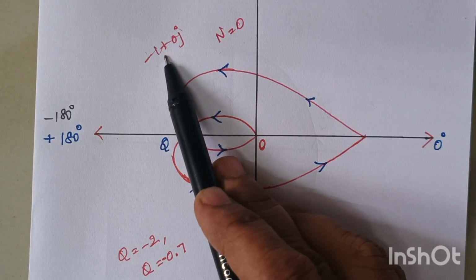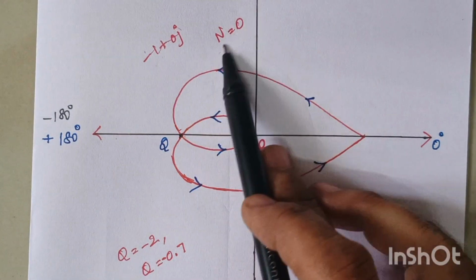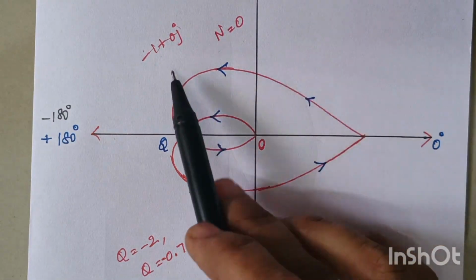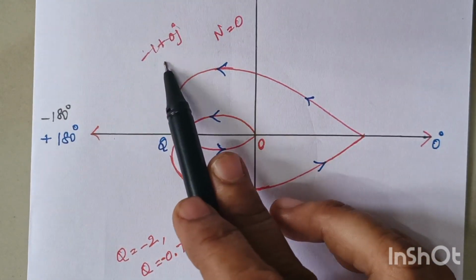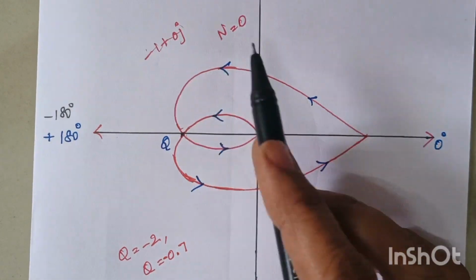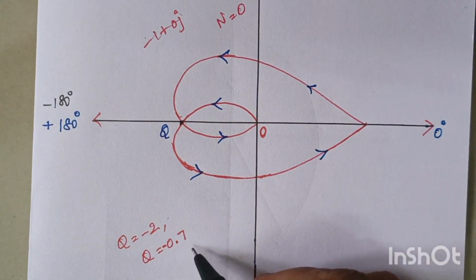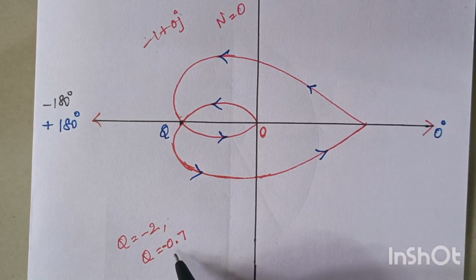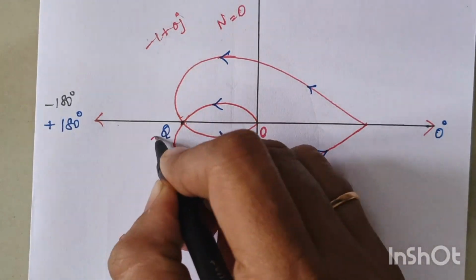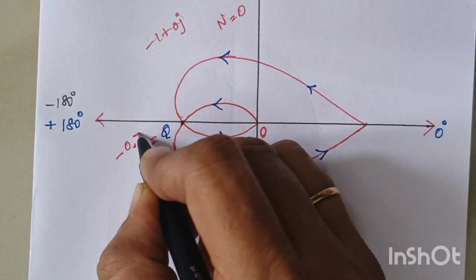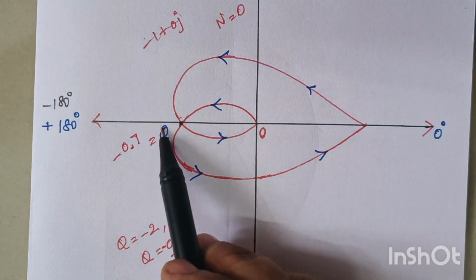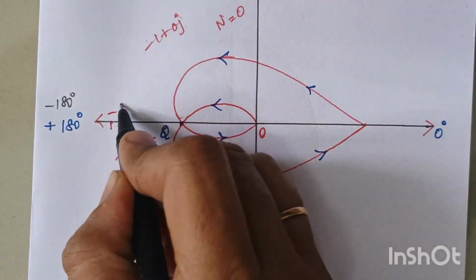Am I making the concept clear? If you have N equal to 0, what does it mean? This minus 1 point should not get encircled. Then tell me which case will suit here, minus 2 or minus 0.7? Here minus 0.7 suits: if the value of q is minus 0.7, then the point minus 1 will be lying outside here.